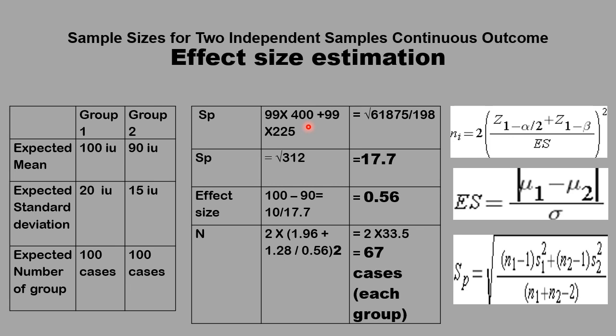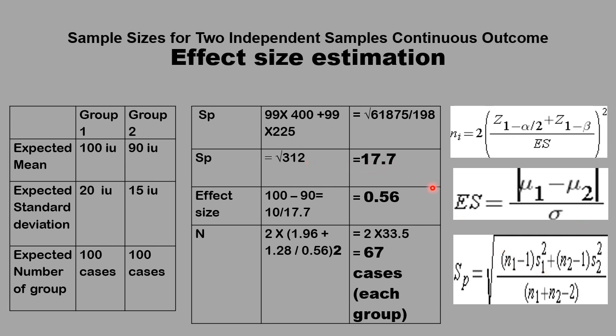So that's the first thing, plus the same thing for the other group. 100 minus 1 equals 99, multiplied by the squared expected standard deviation, the square of 15 is 225. Divided by 100 here, 100 there, minus 2 equals 198. And from this, you would get a figure divided by 198. This is 312, and you take the square root of this, and it is 17.7.